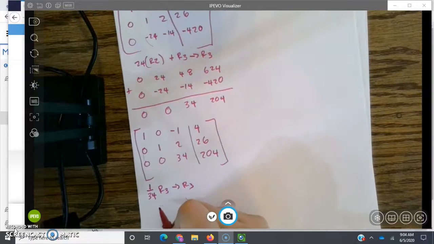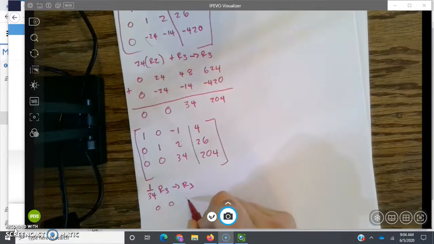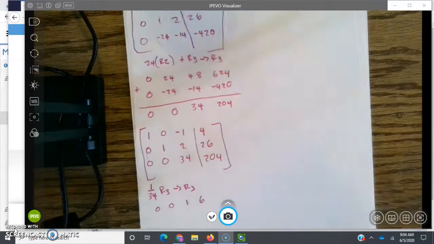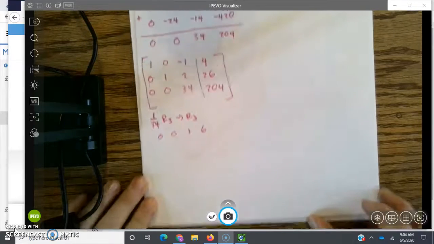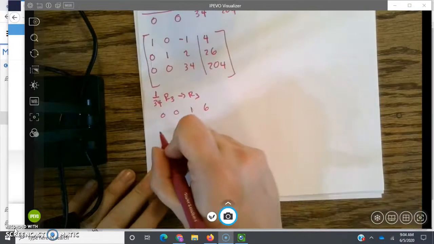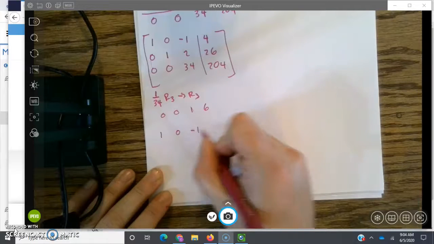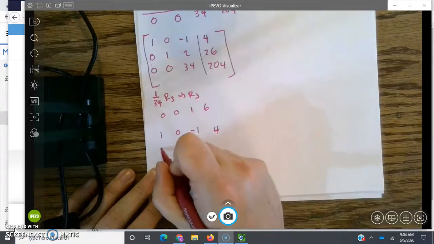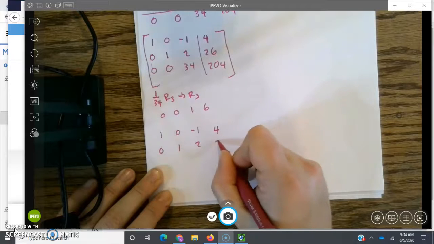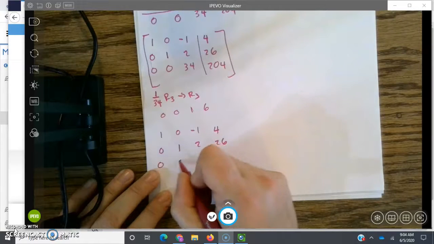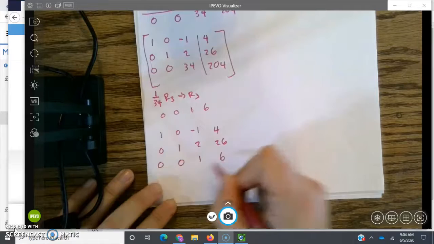That's going to give us 0, 0, 1, 6. So then let's put that back into the matrix. We have 1, 0, -1, 4, 0, 1, 2, 26, 0, 0, 1, 6.